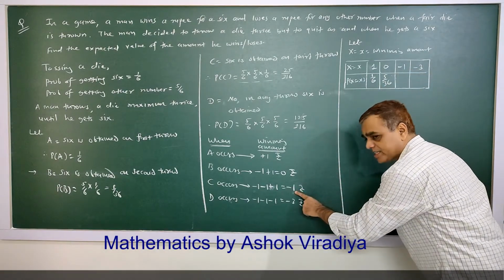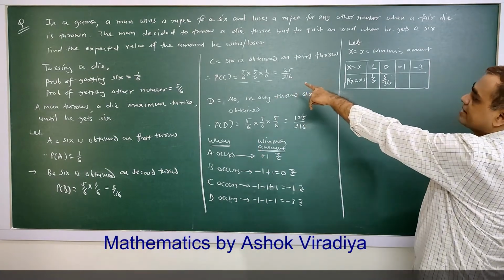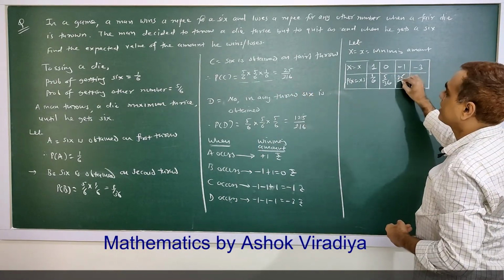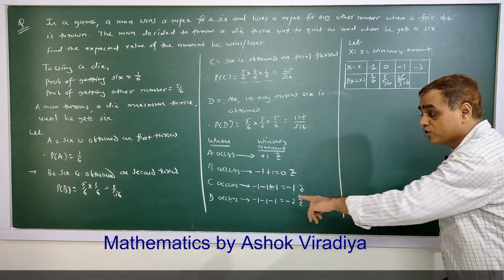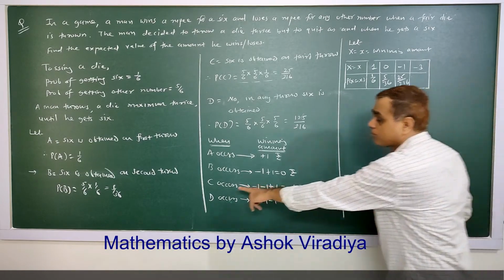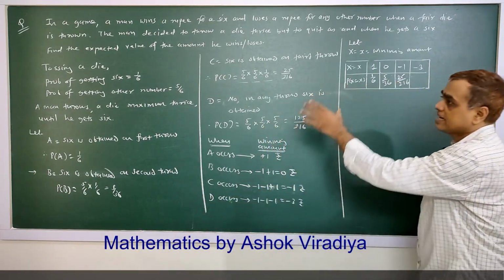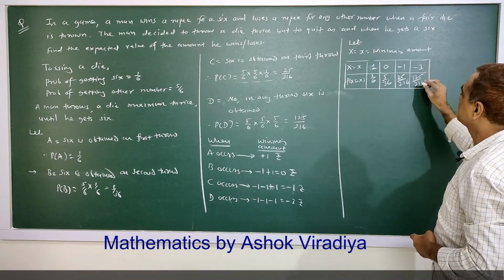Probability of winning minus 1 rupee equal to probability of event C, that is 25 by 216, and probability of winning amount minus 3 equal to probability of event D, and that is 125 upon 216.